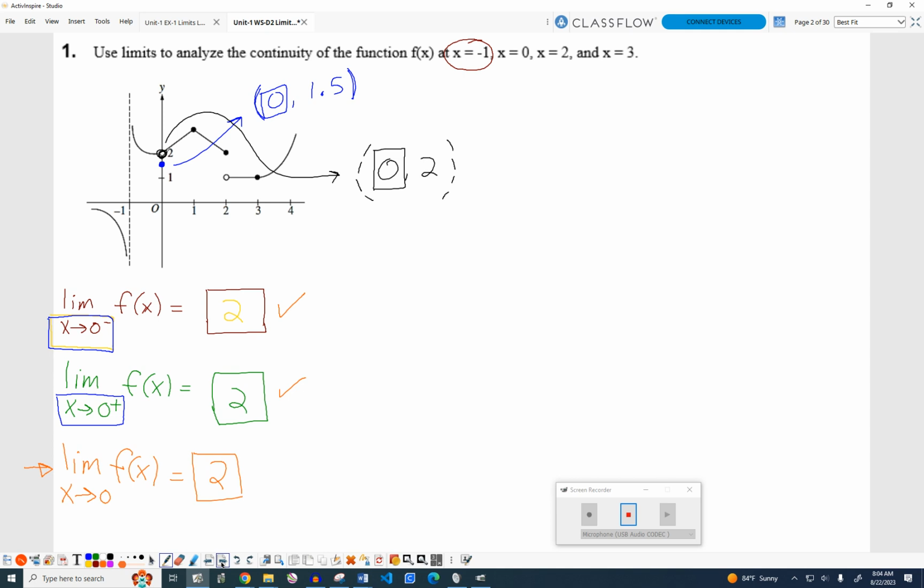So when we're finding the left hand and the right hand limit for those things right there, how do we know that it's exactly 2 when it's not like 1.99 or something like that? Outstanding question.